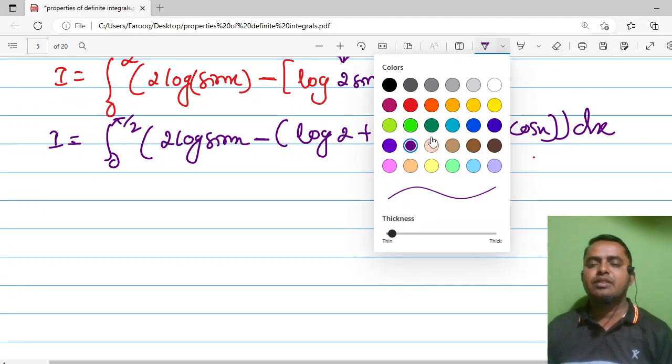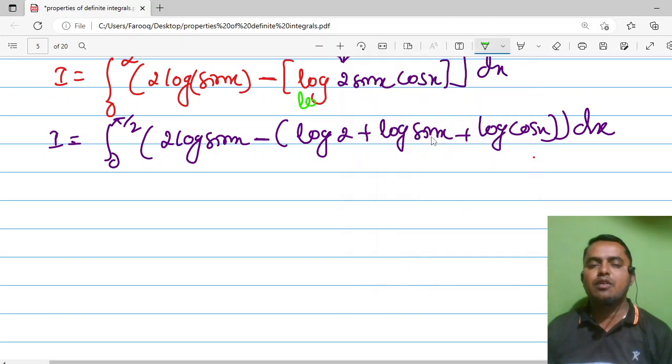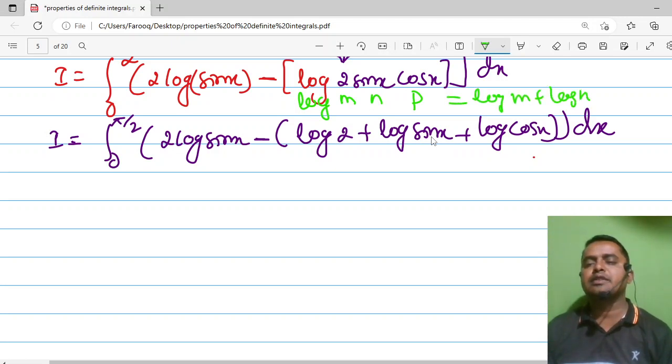See here what I did: log m n p is nothing but log m plus log n plus log p.